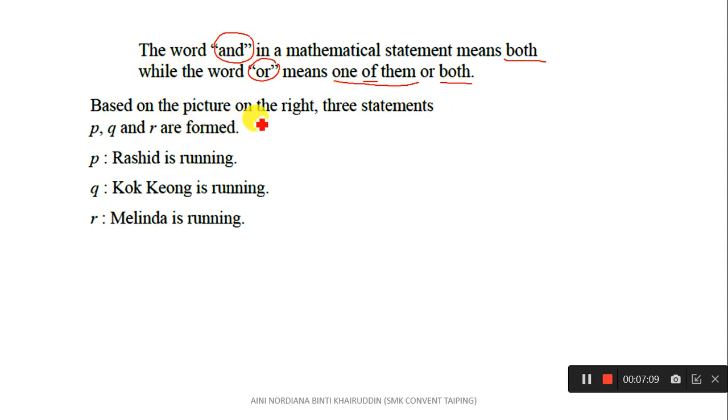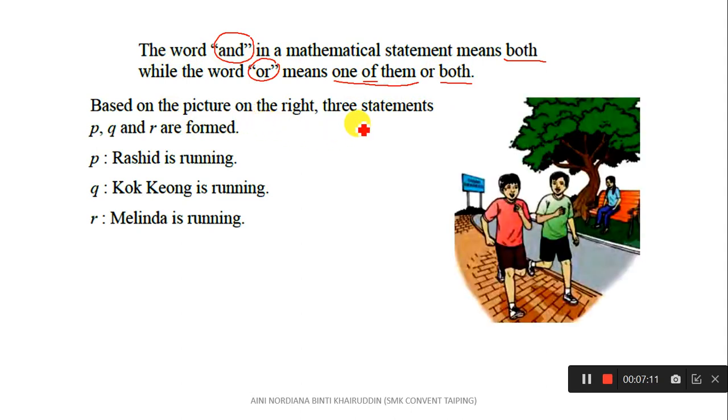Based on the picture on the right, three statements P, Q, and R are formed. P: Rashid is running. Q: Kok Kyung is running. R: Melinda is running. This is Melinda. This is either Rashid or Kok Kyung.